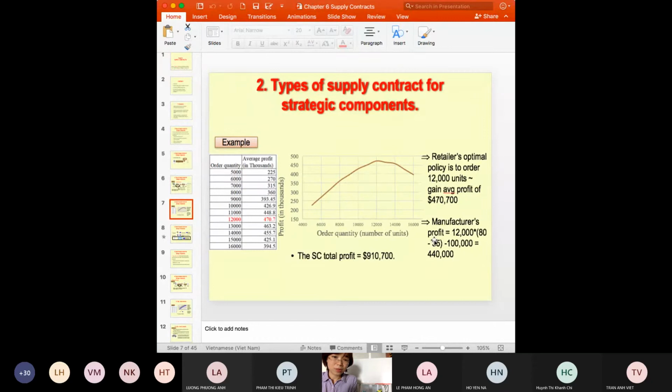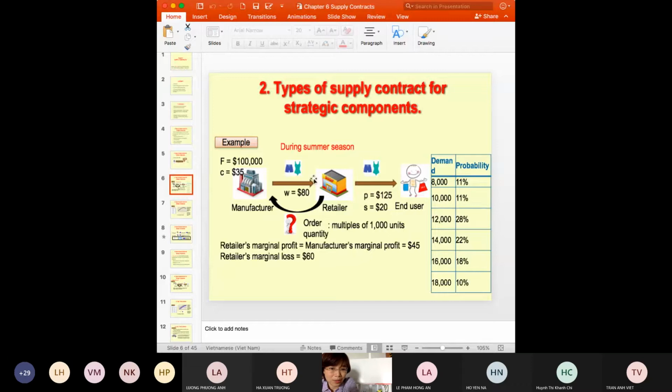The total profit we can get for the whole supply chain is more than 900,000. This example just illustrates that the retailer must focus on the order quantity to make sure they can optimize their profits.